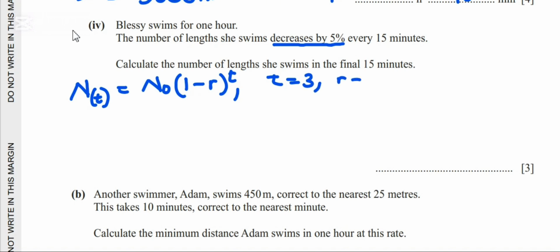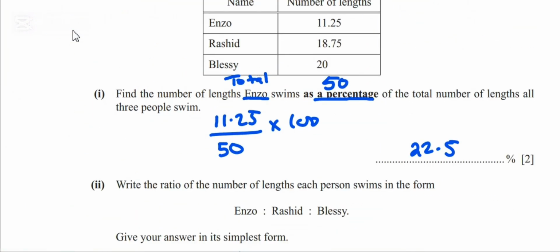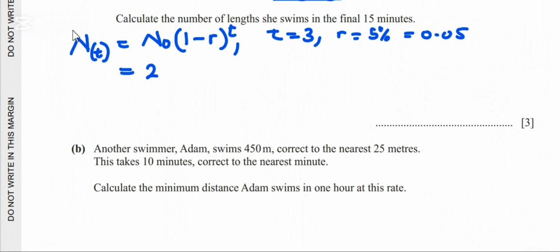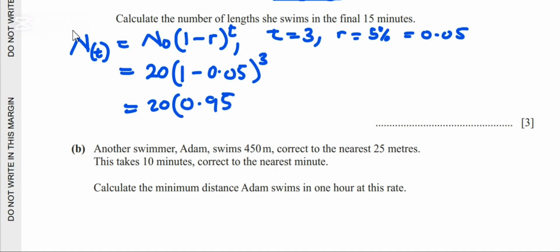Then r is equal to 15%, which is 0.15. Okay, so we now substitute. What is the initial number of lengths of Blessy? The initial number of lengths of Blessy is 20. We are going to put 20 here, then 1 minus 0.15, to the power 3. So this will be 20 times 0.85, and everything raised to the power 3.